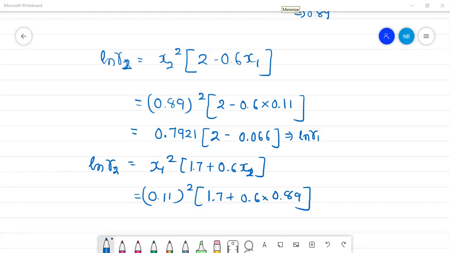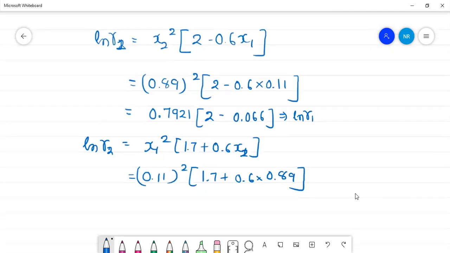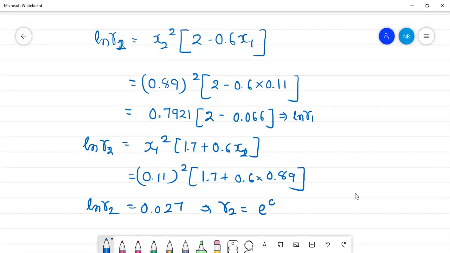Okay, ln gamma 2 is equal to 0.027. So gamma 2 is equal to e raised to 0.027. If I do e raised to 0.027, it's 1.027.